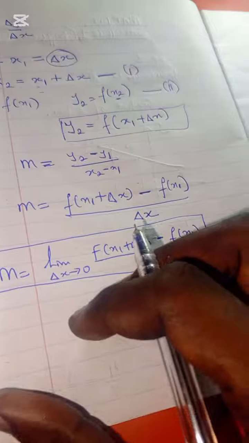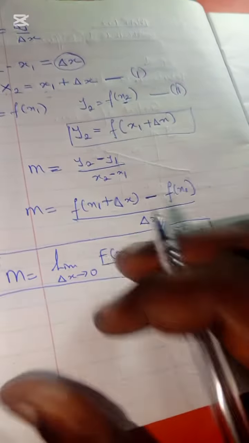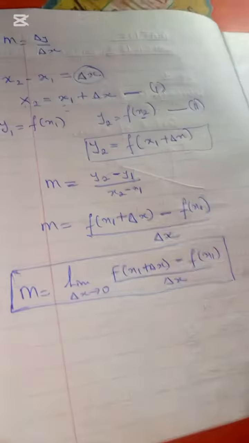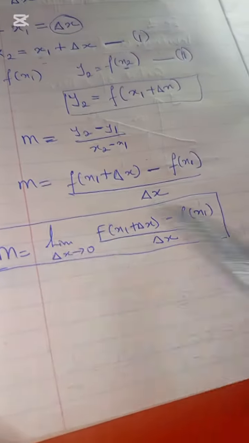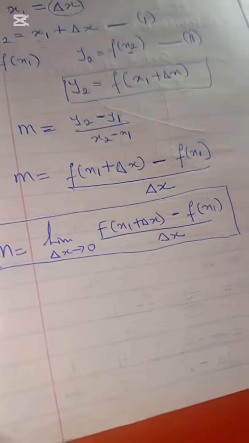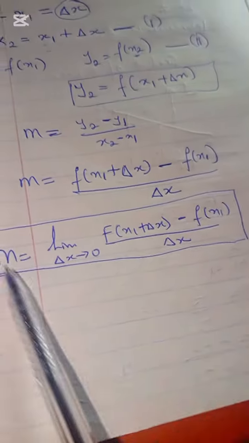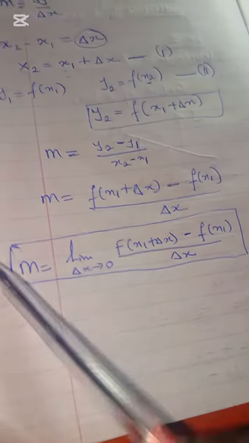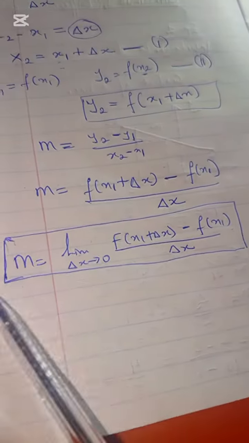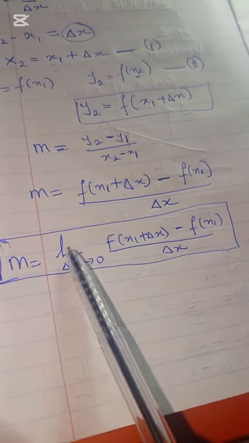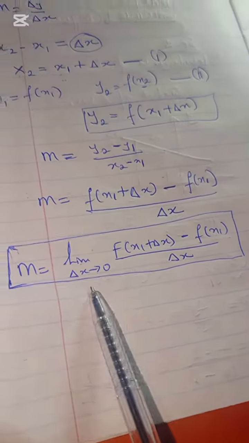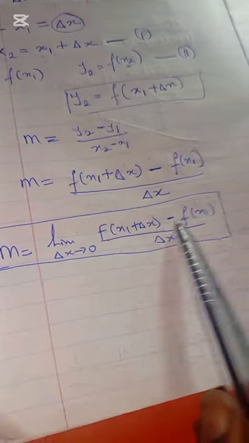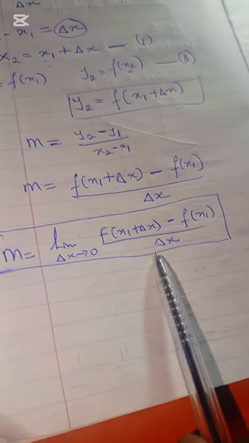This is just a derivation, basically. When we start differentiation from first principle, we'll be getting this formula again. So let's get ourselves familiar with this particular equation: gradient equals the limit as delta x tends to 0 of f of x1 plus delta x minus f of x1, over change in x.